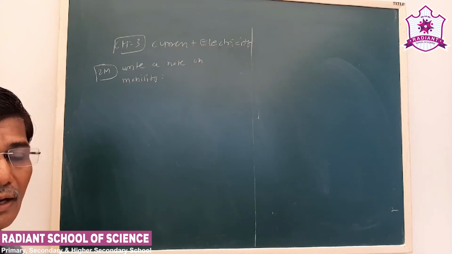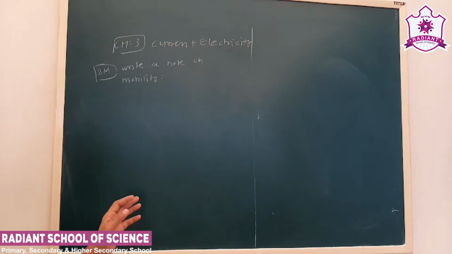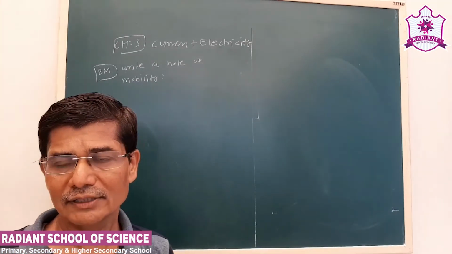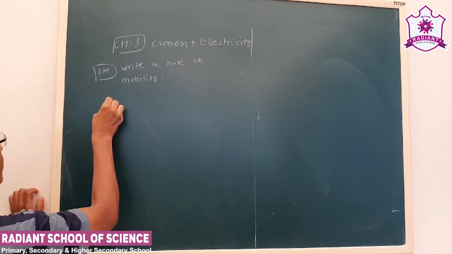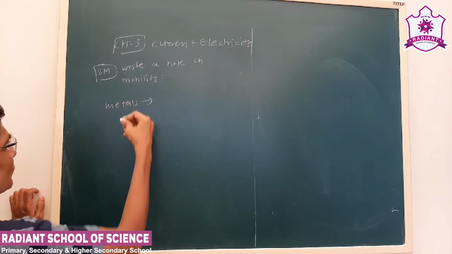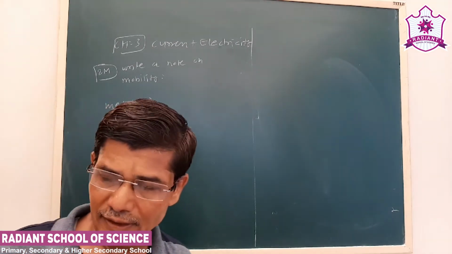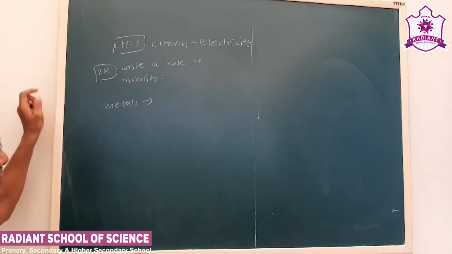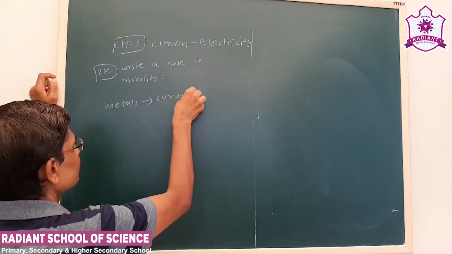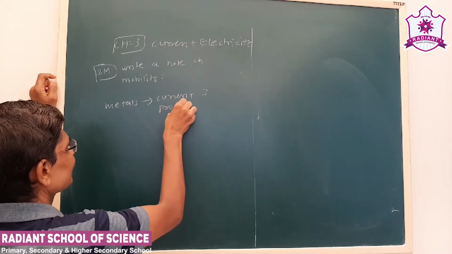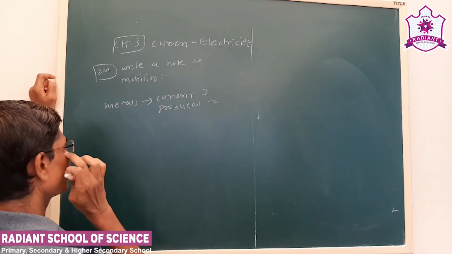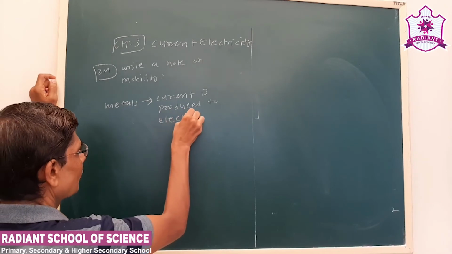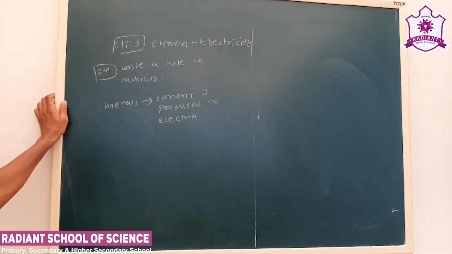Now we have to be familiar with the word mobile. See, in metals, current is produced because of the motion of the electrons. They move, they are mobile, which means they move from one place to another and produce the electric current.